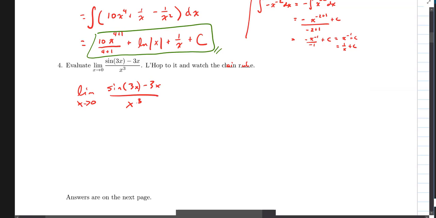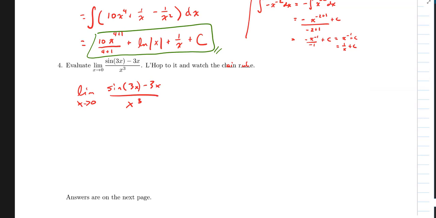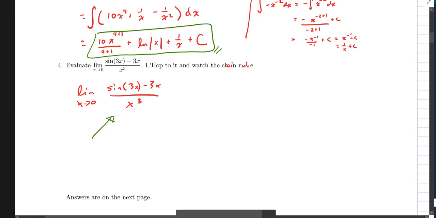Folks, the domain of this expression does not include 0, so can I apply direct substitution to it? Heck no, I cannot. However, if I were to plug in a 0 into the numerator and the denominator, it would give me the indeterminate form 0 over 0.